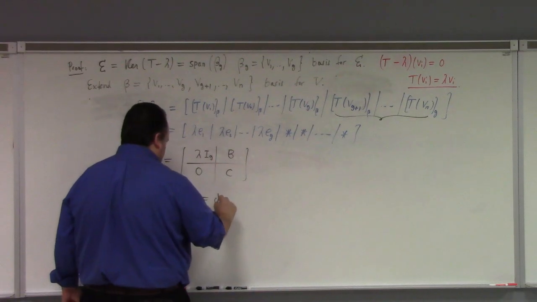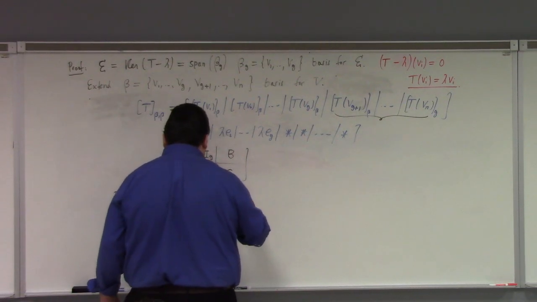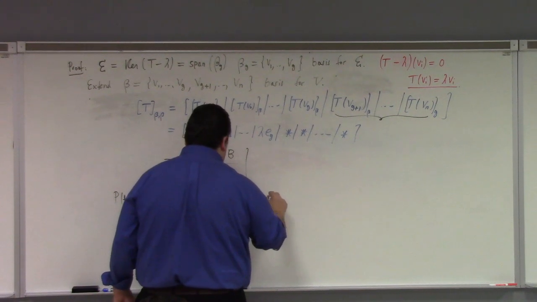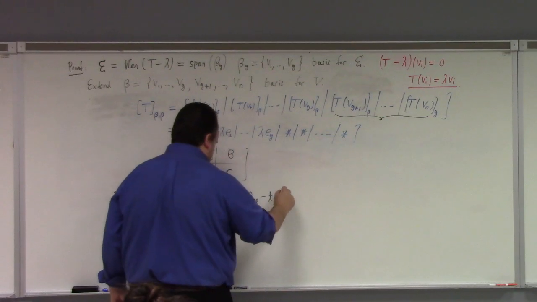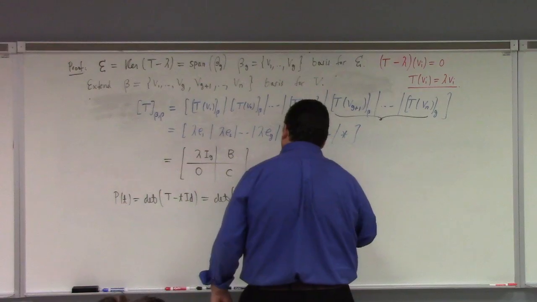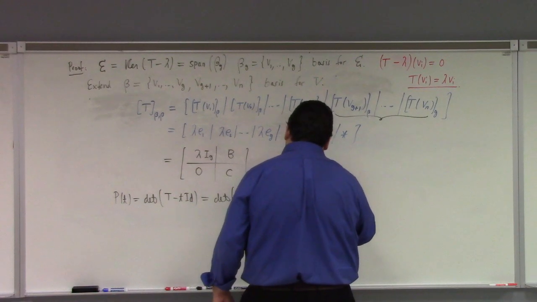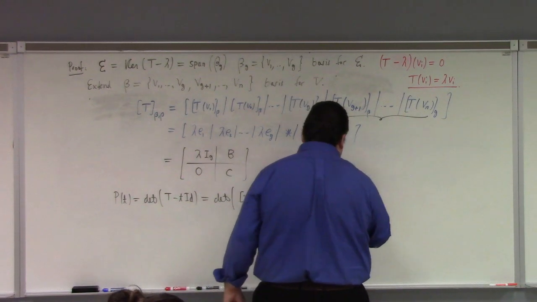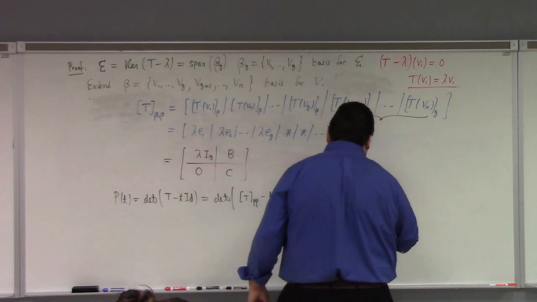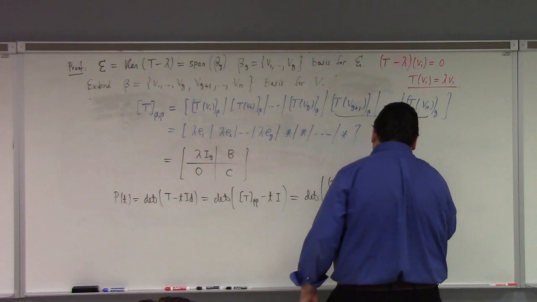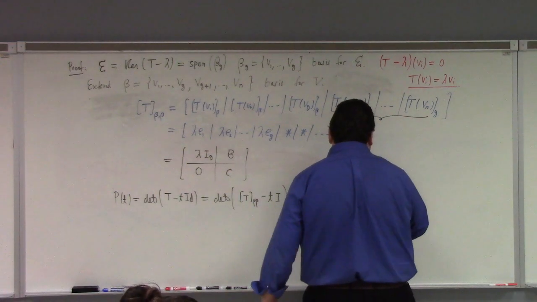But for us, we're going to calculate that by the determinant of the T beta beta matrix minus T times the identity matrix, which in particular is explicitly the determinant of lambda minus T times the G by G identity, 0, and then down here you've got C minus lambda T, and there's the B up here.